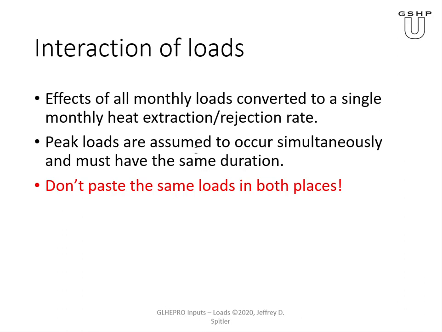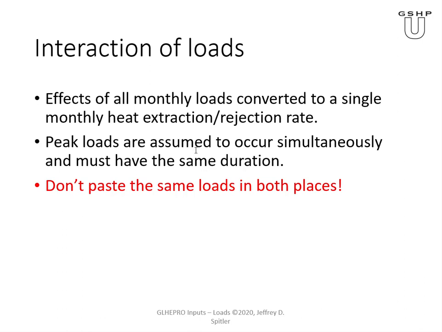And the peak loads are assumed to occur at the same time. So in fact, if you change the duration in the heat pump load, and you also have direct loads, it will change the duration in the other. So there are some limitations to doing both. But they're assumed to occur at the same time.